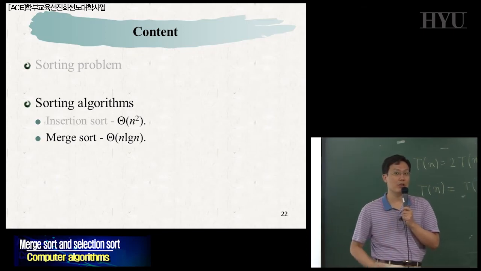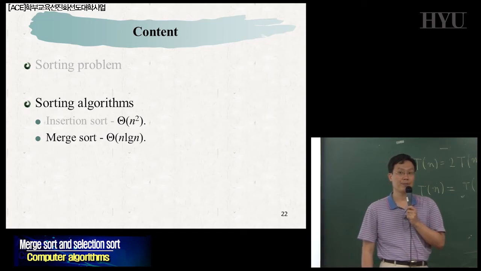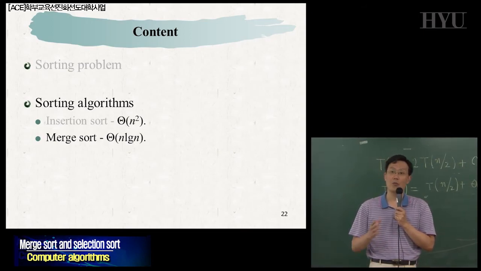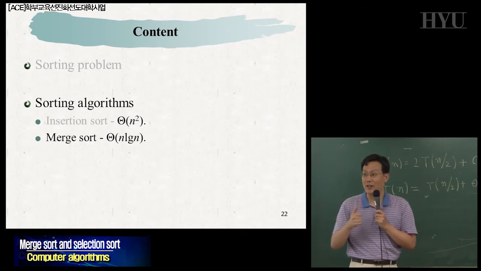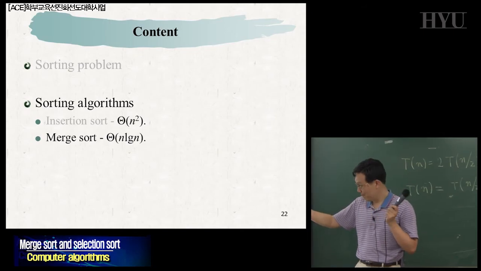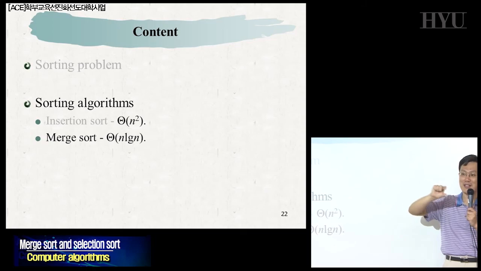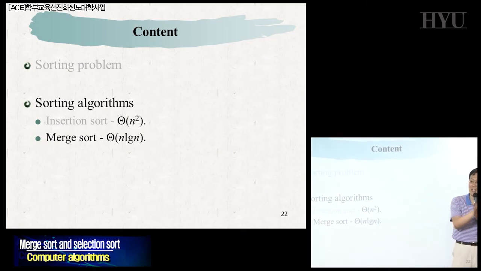What's the best case running time of selection sort? N squared, right. There is no best case and no worst case for the selection sort, because we have to scan the whole array to find the maximum. But in the case of the insertion sort, the insertion process sometimes stops earlier or sometimes stops later. So there is a difference.